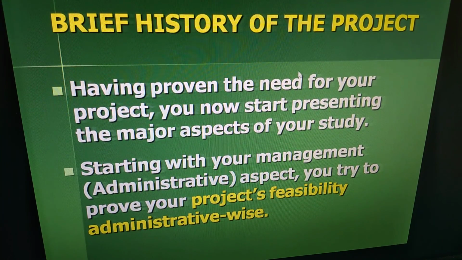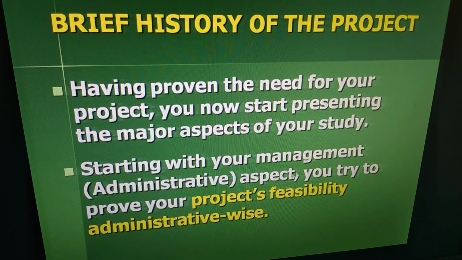Now that you have proven that there is a need for your product, you now start presenting the major aspects of your study. A summary of your research findings and survey done, why you decided to have this project.